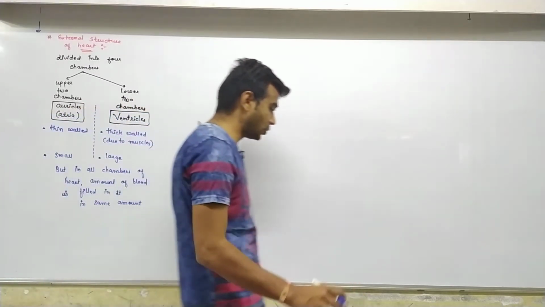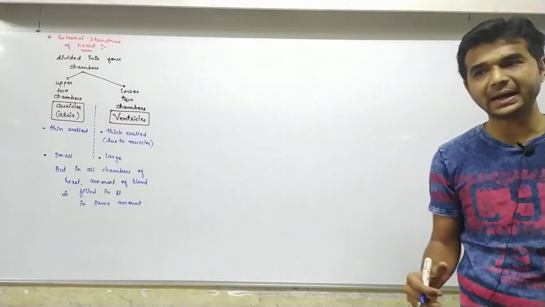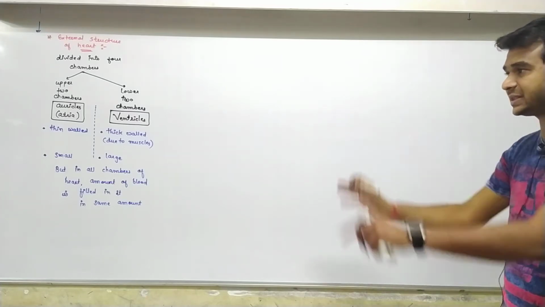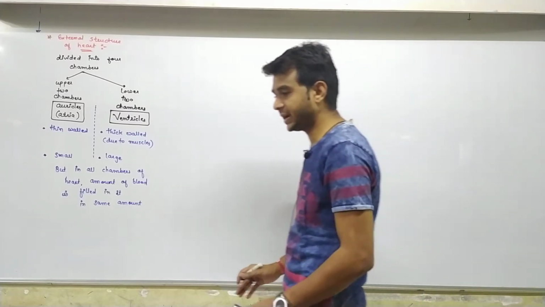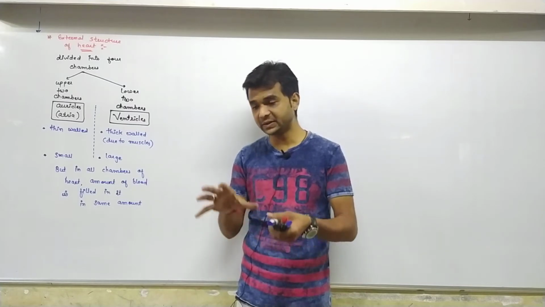So auricles are small, thin walled chambers, ventricles are large, thick walled chambers. But along with that, in all the chambers of the heart, the amount of blood filled inside is the same.